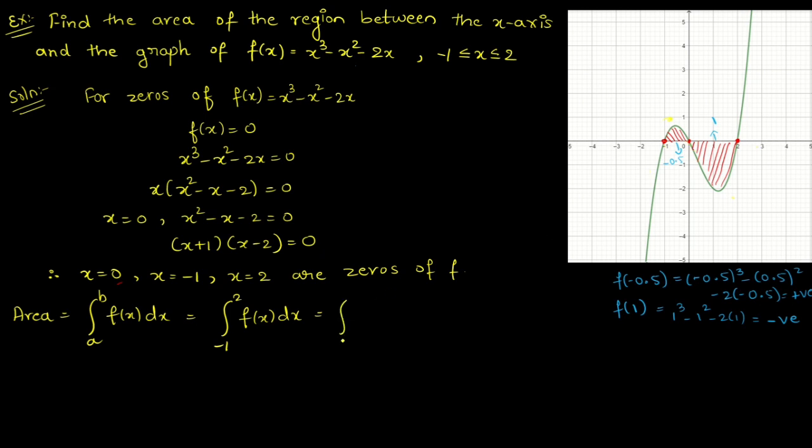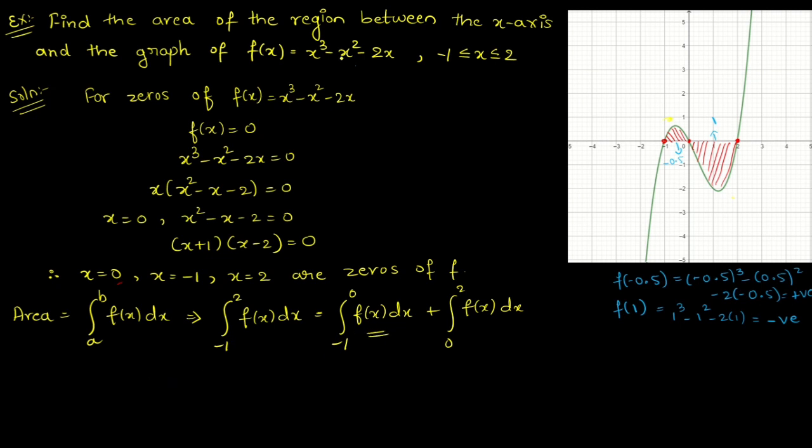So we rewrite this as integral minus 1 to 0 f of x dx plus integral 0 to 2 f of x dx using the additive property of integrals. Now we are going to find the value of these two integrals separately, and then add them up.